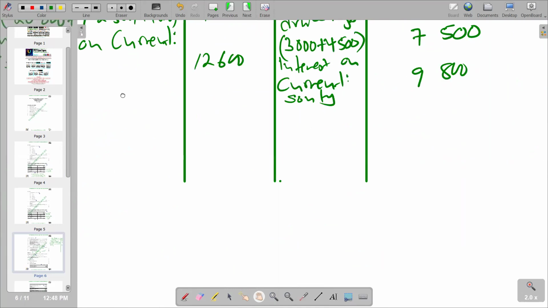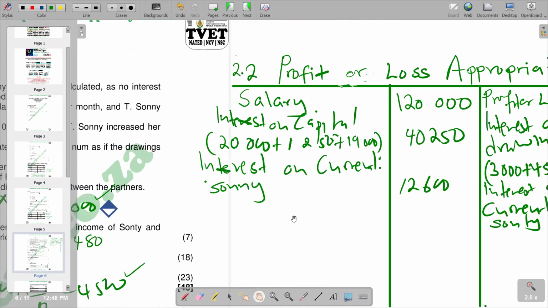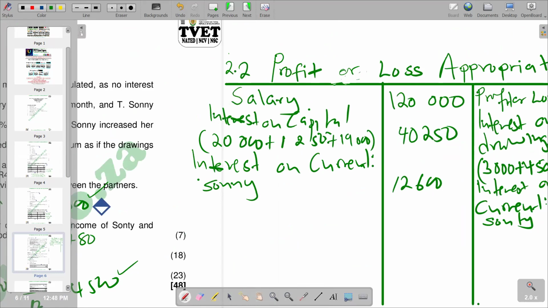So we are saying here, employee bonus fund, and the figure that we have is 4,000. So we are saying 4,000 here. So this is what we have. And then after that, we have finished all the entries that we need to make.